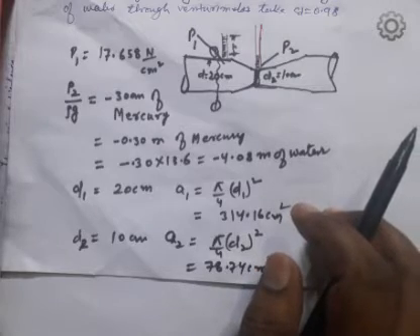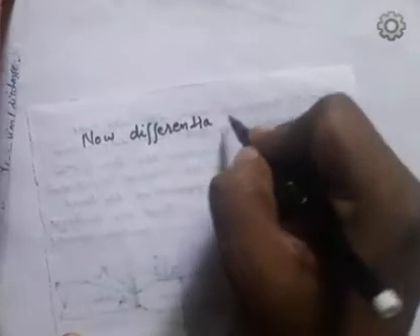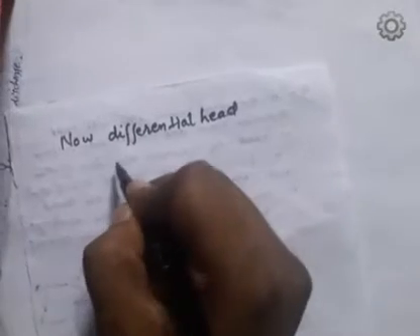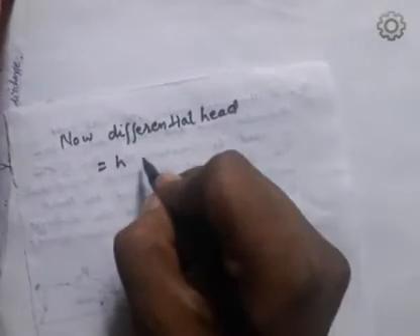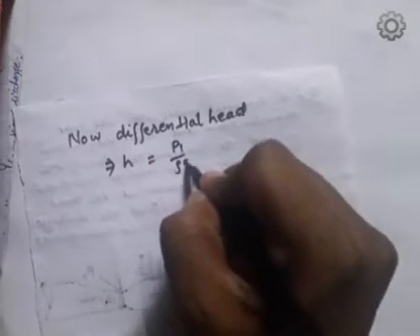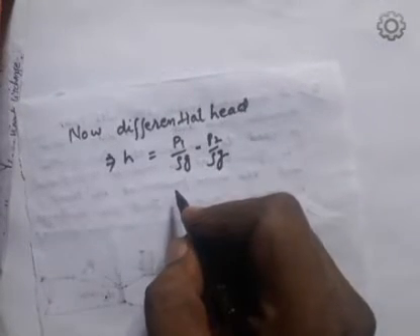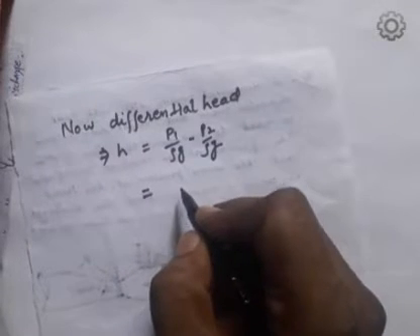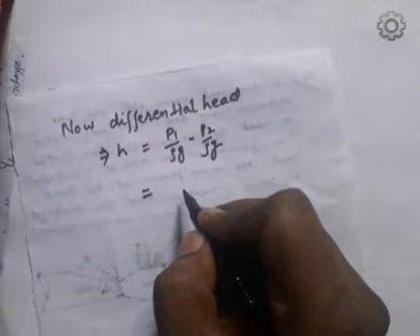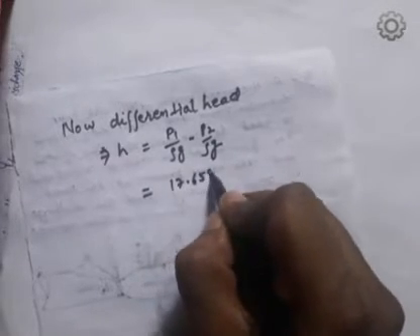Now the differential head H is equal to P1 by rho g minus P2 by rho g. We haven't got the P1 by rho g yet. P1 is given as 17.658 Newton per centimeter square.